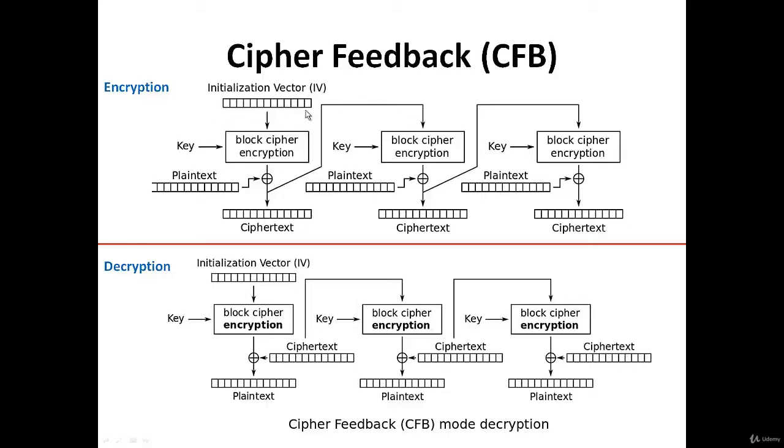It begins with the initialization vector, or IV, a random number of the length of the block size, and the plain text is again broken into k parts. Here k is 3, depending upon the size of the block. It can be 3 or whatever, depending upon the size of the text.